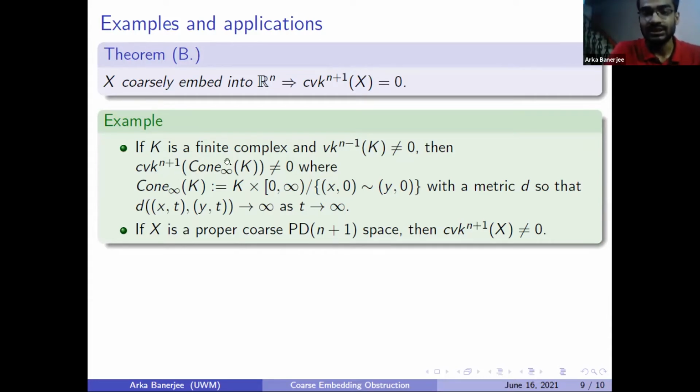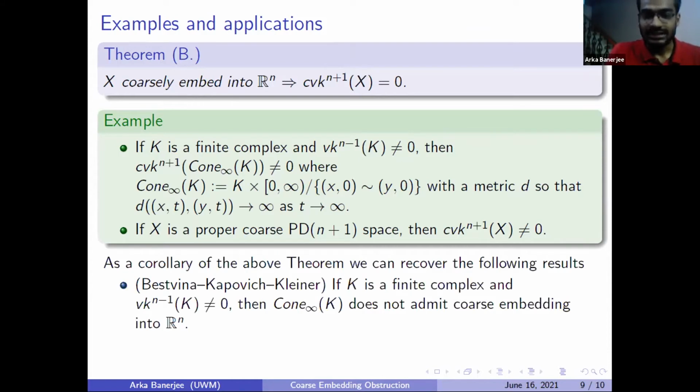That just means cone infinity of K cannot embed inside R^n if K is bad enough. The same thing you can say for coarse PD(n+1) spaces, which you can really think of as uniformly contractible (n+1)-manifolds. This obstruction is non-zero, so uniformly contractible (n+1)-manifolds cannot be embedded inside R^n.